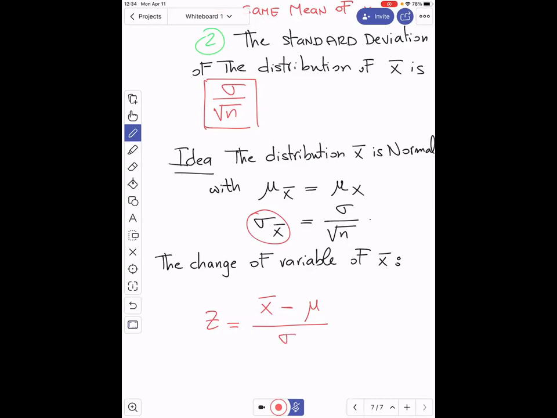So here we divide by sigma over square root of n instead of just sigma.